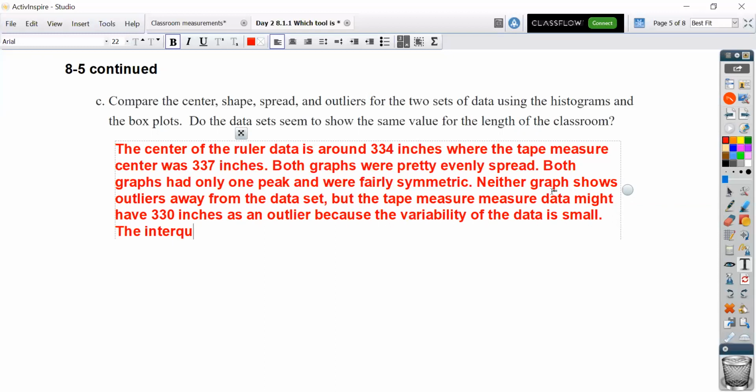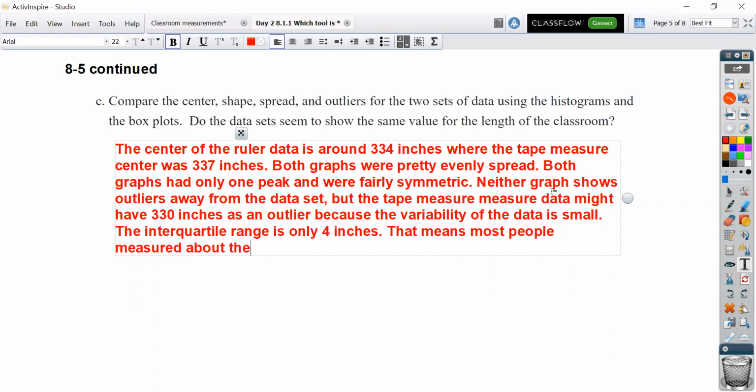The interquartile range is only 4 inches. That means most people measured about the same number with the tape measure.